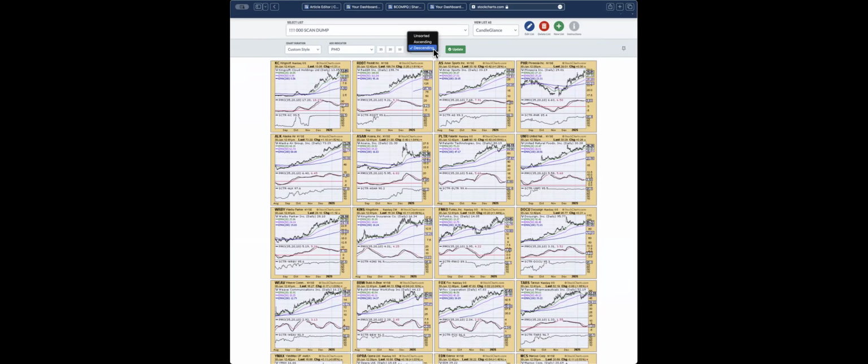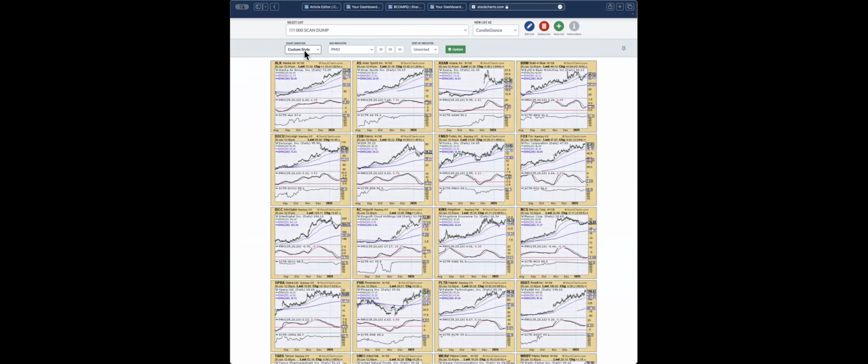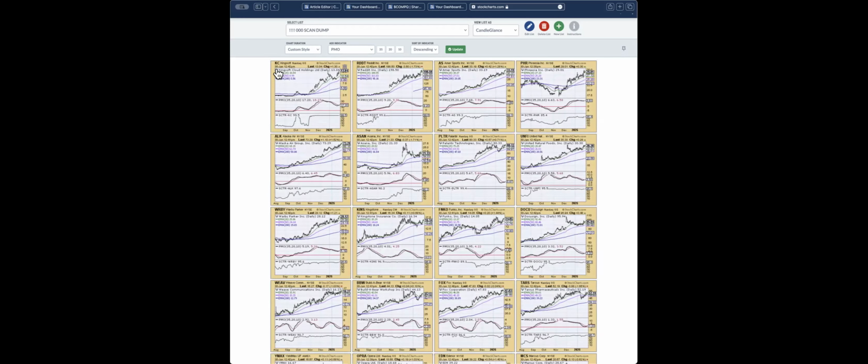The other thing you can do on StockCharts is I have my PMO as my indicator, and I can sort. What I'm doing now is putting all the highest PMOs at the top. So this tells me these are the strong charts. These are the ones that are showing pure strength. This is where I want to be. And you can see here, I put the StockCharts technical rank on here.